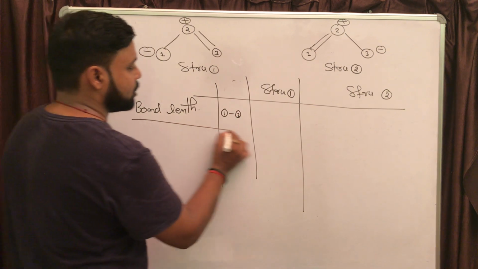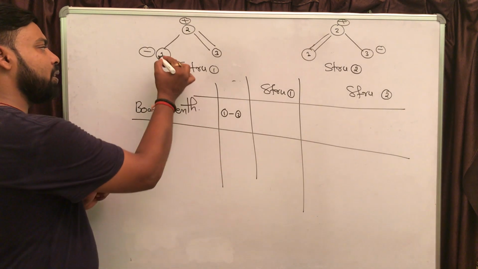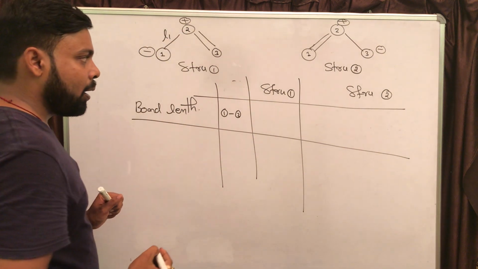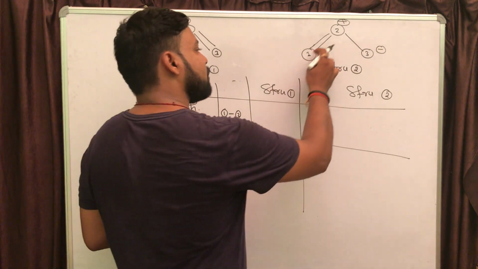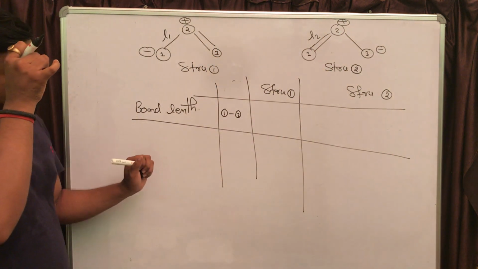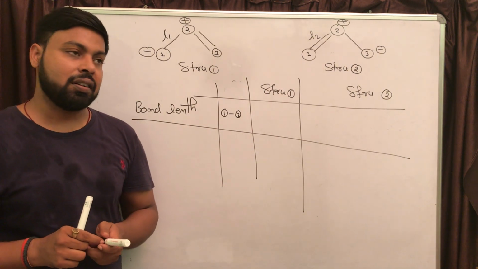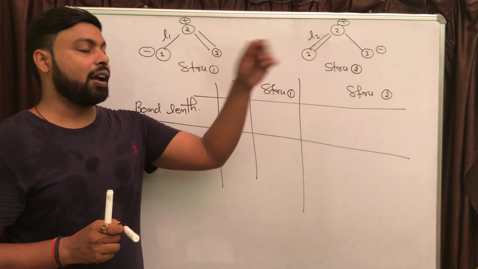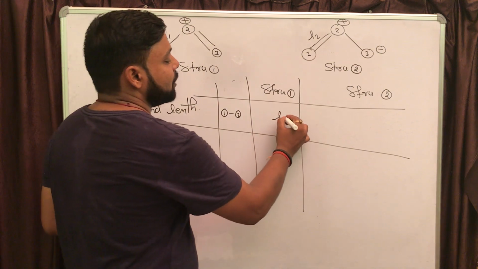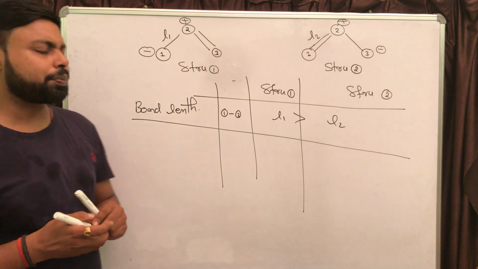Let's measure the bond length between oxygen 1 and 2 in structure 1; let's say it is L1. In structure 2 also measure the bond length between oxygen 1 and 2; let's say it is L2. Definitely I can conclude that these two bond lengths are different, and L1 is going to be more than L2.